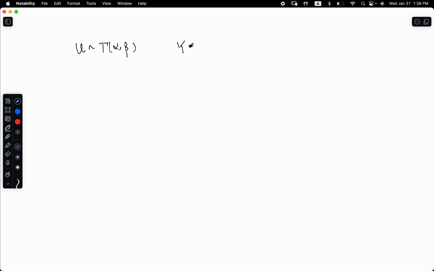Let Y equal the exponential of U. We are interested in first finding the PDF of Y, and then the expectation of Y, and then the variance of Y. Okay, so that will be the problem here.